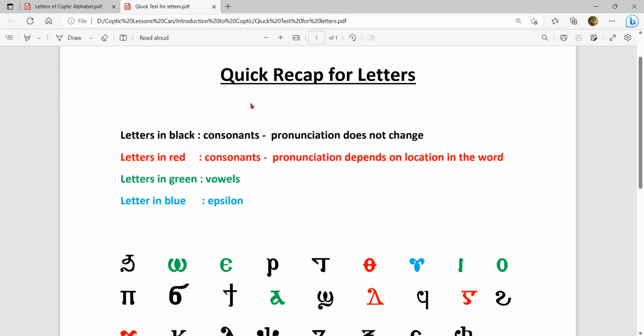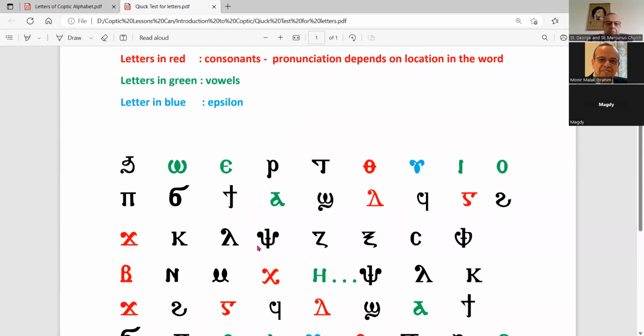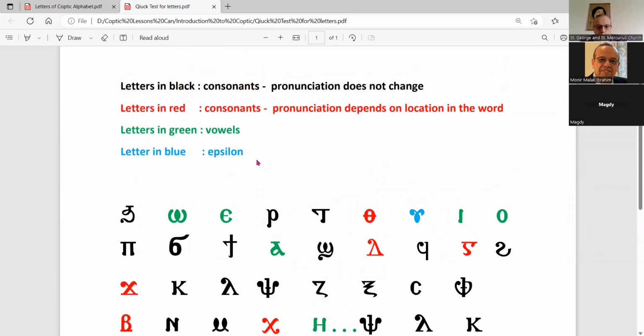This sheet I have done as a quick recap for the letters. I have written them in two groups randomly, with different colors. And I've put the notation at the top saying that letters in black are consonants.